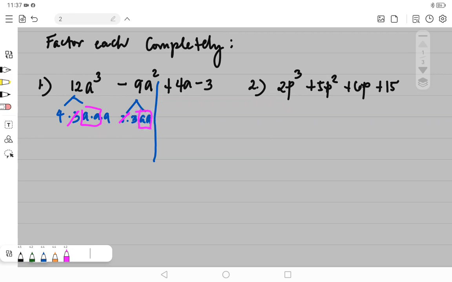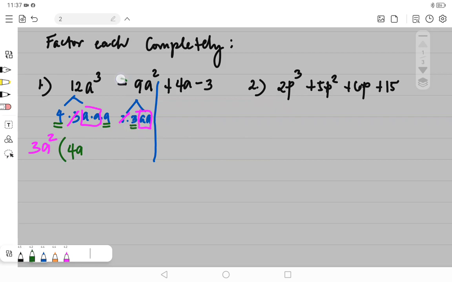If we take that out, we write 3a squared. The remaining terms are 4a, so we write 4a. If we divide 9 by 3, this is the remaining number.